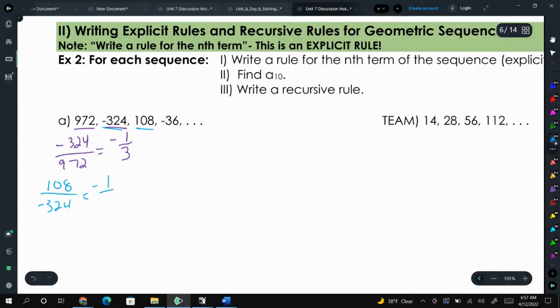That also simplifies to negative 1/3, and so on. So this means that my r is -1/3. And again, our formula is a sub n equals a1, which is that first term, times your rate, raised to the n minus 1 power.